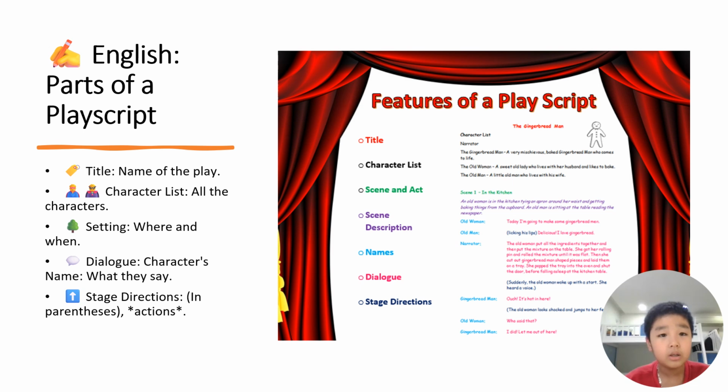The dialogue is written with the character name followed by a colon, and then the words they need to say. And finally, stage directions are usually in brackets and use italics and tell actors what to do.